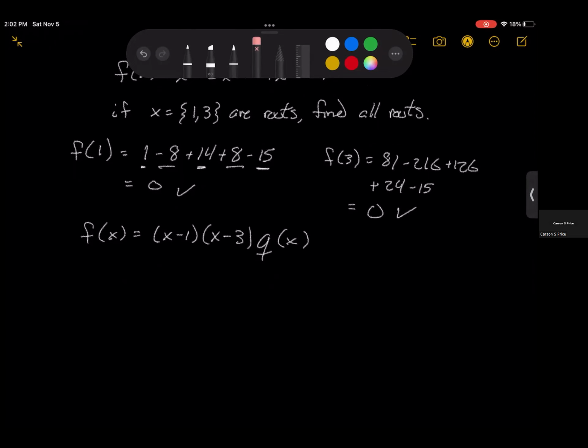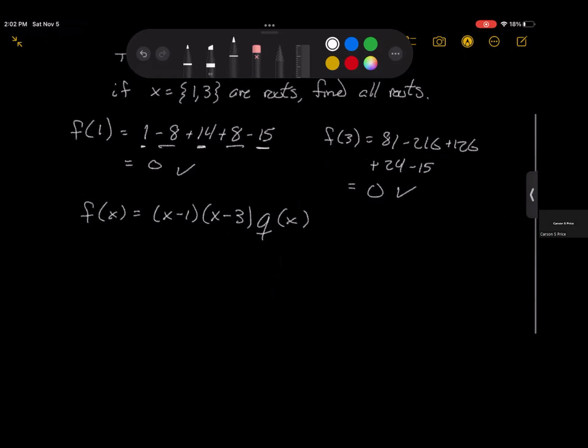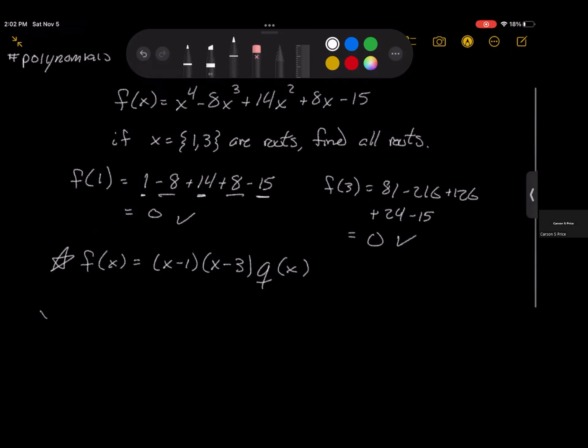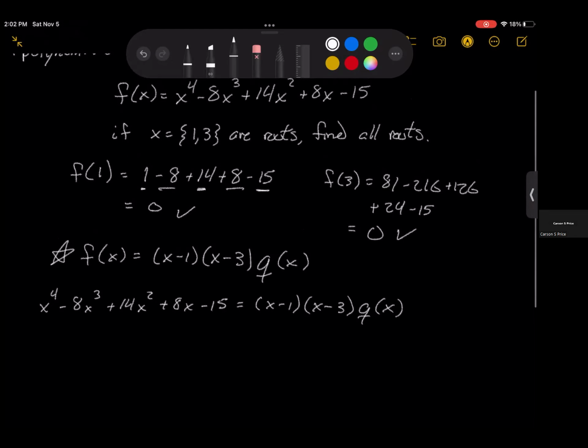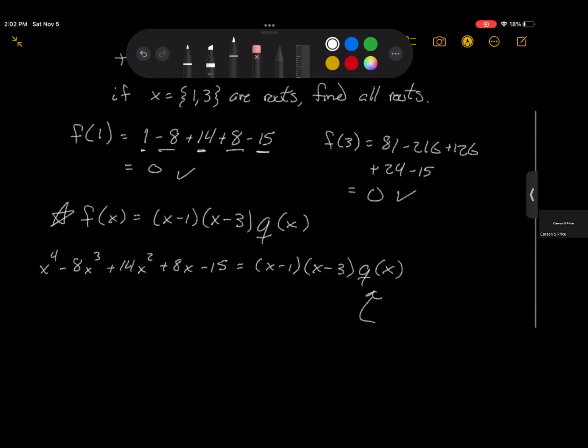Let's write down a sentence that explains everything that we've done so far. In fact, here it is. My function, which is x to the fourth minus 8x cubed plus 14x squared plus 8x minus 15, can be written as x minus 1 times x minus 3 times something else. Okay, well, I can solve for this something else by dividing both sides by this x minus 1 and x minus 3.